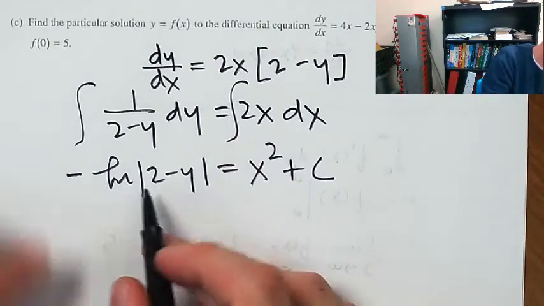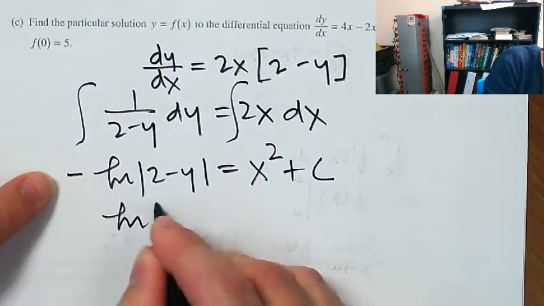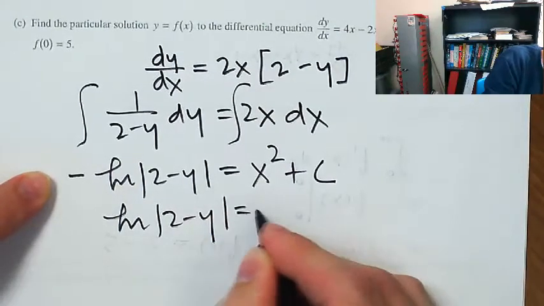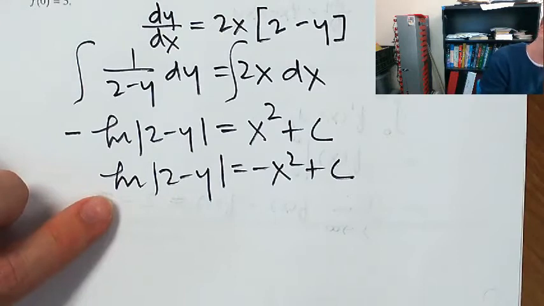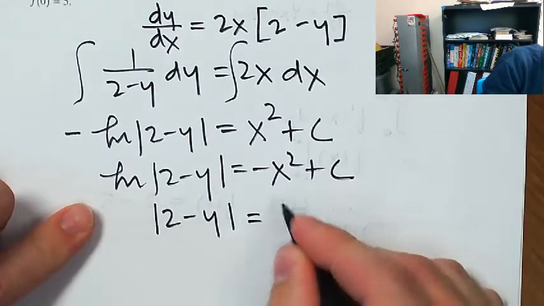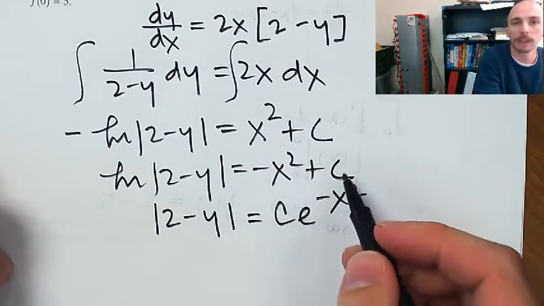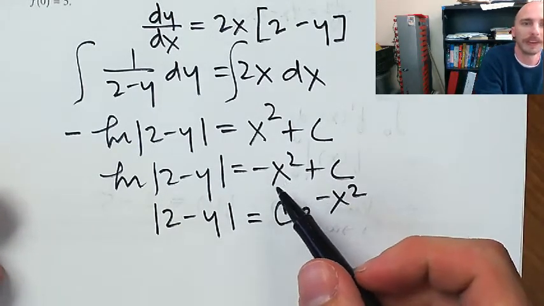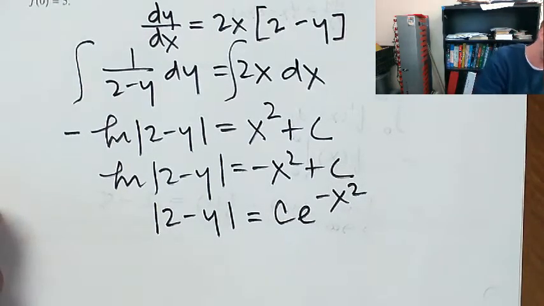All right. Now I'm going to start solving for y. And I think the first thing I'm going to do is move that over there. Okay. And then I'm going to get rid of the log by taking e to both sides' power. And remember that e to the negative x squared plus c, we could split that apart, is e to the negative x squared times e to the c, and e to the c is just some other constant that we're going to put there.